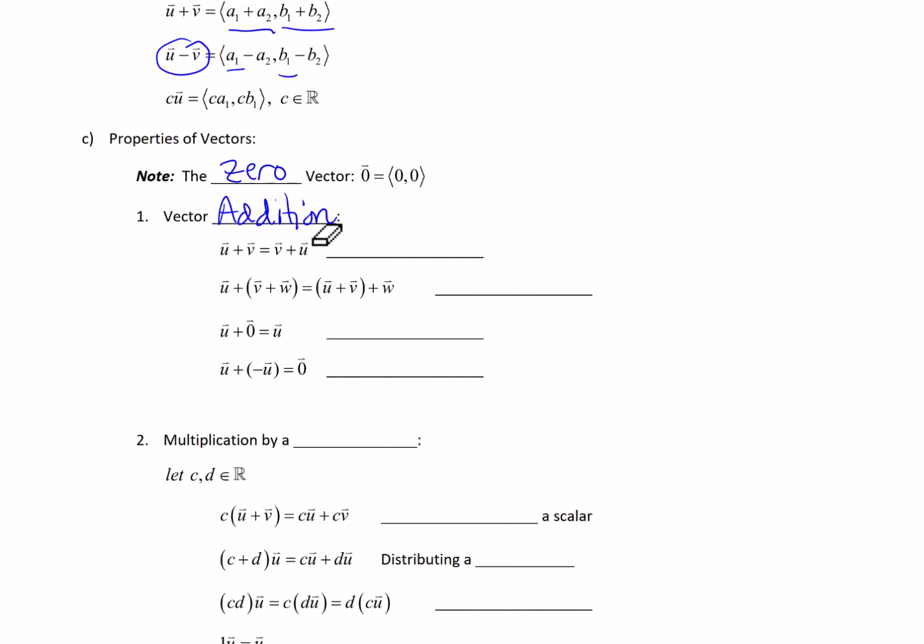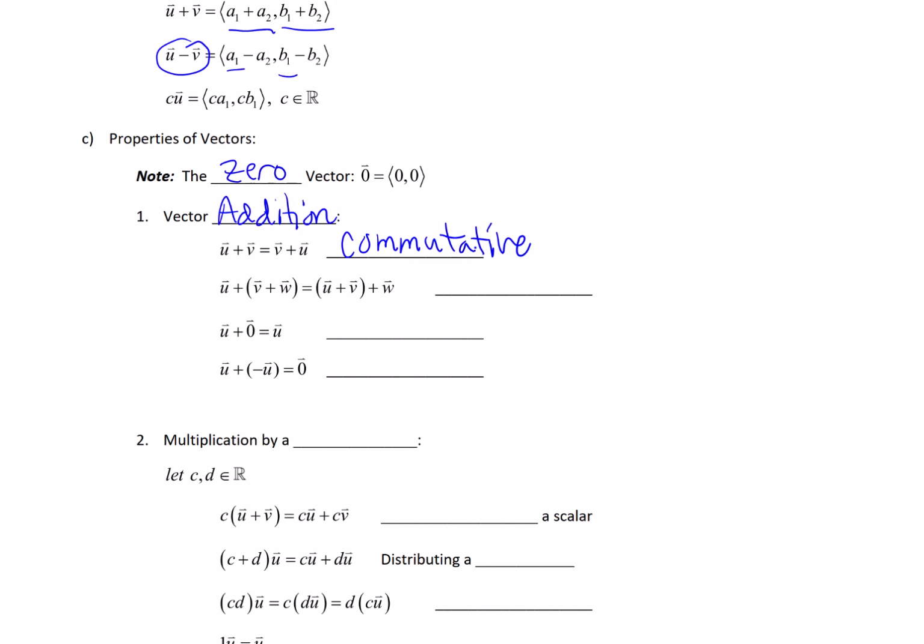Now that should look a little familiar. We're used to this property of real numbers, like 2 plus 3 is equal to 3 plus 2. That's called the commutative property. So there is a commutative property of addition in real numbers. Well, it turns out there's a commutative property of addition in vector arithmetic as well.